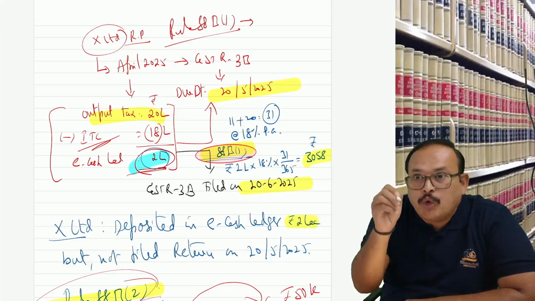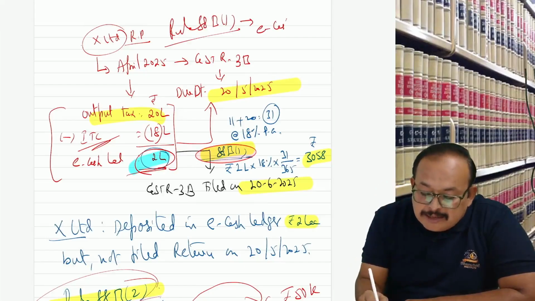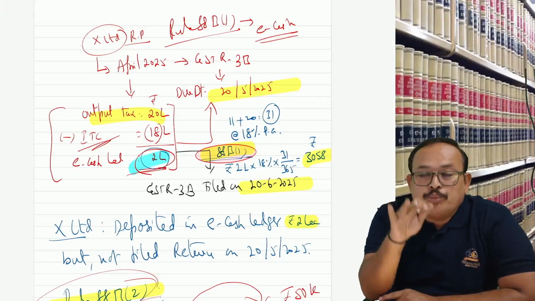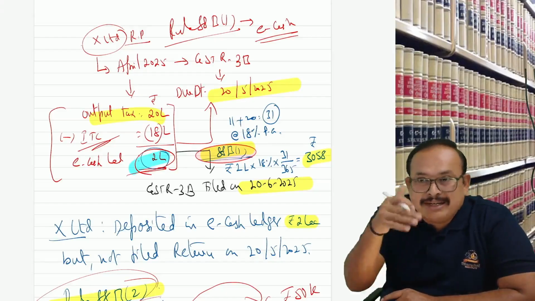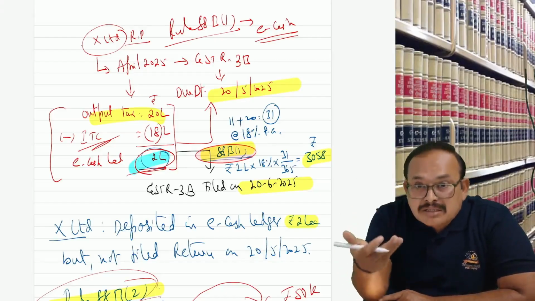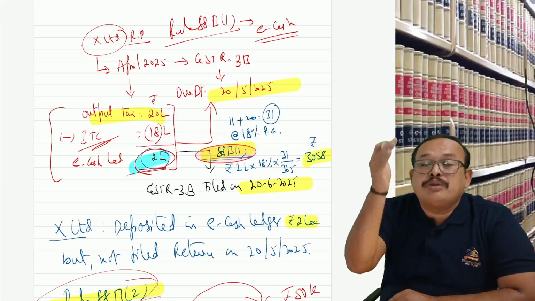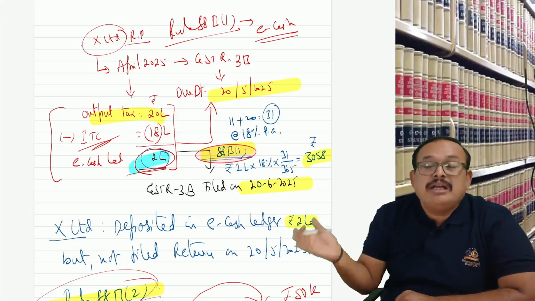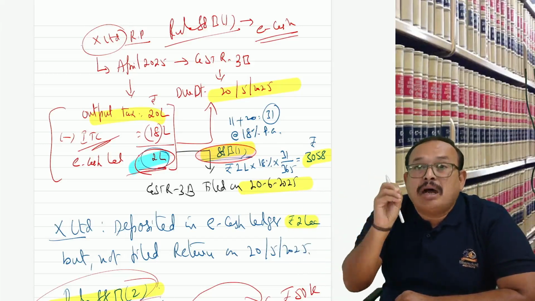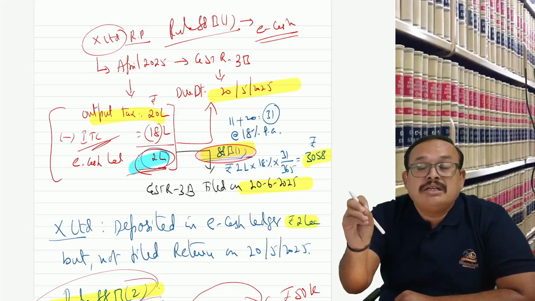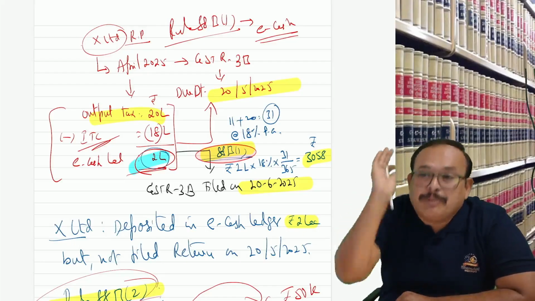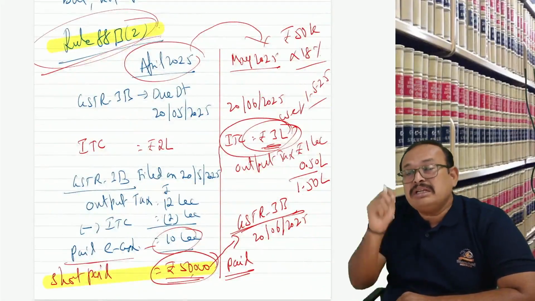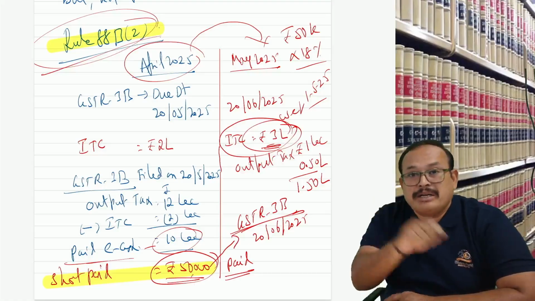In that case alone, the electronic cash ledger has sufficient balance to pay the tax, which is not submitted on or before the due date but submitted belatedly. In that case, the amount paid to the electronic cash ledger, interest 18% not applicable.